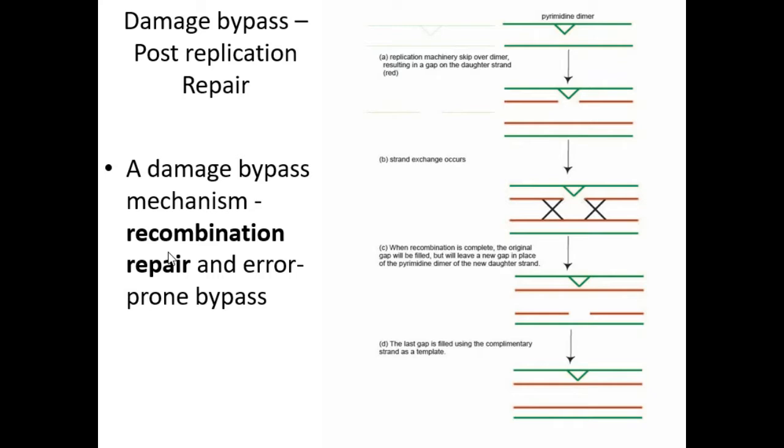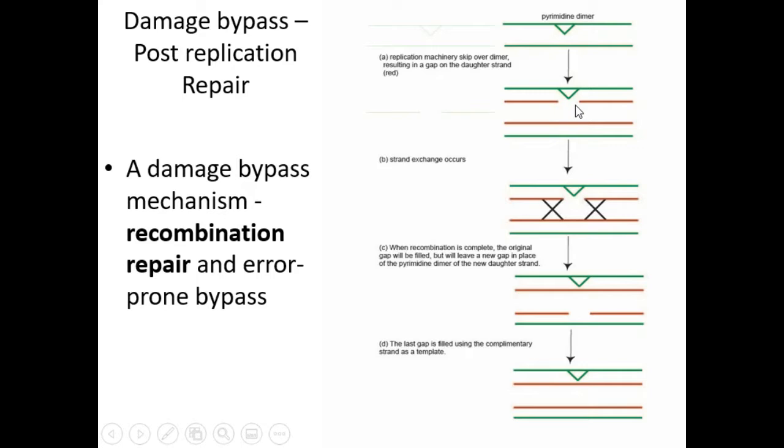So in this example, the damage bypass mechanism is through recombination repair, okay? The recombination repair is also called post-replication repair because it can repair the pyrimidine dimer that passed through replication. In this figure, you can see we have a pyrimidine dimer, and the replication machinery basically just skips this area, so that you have a gap.